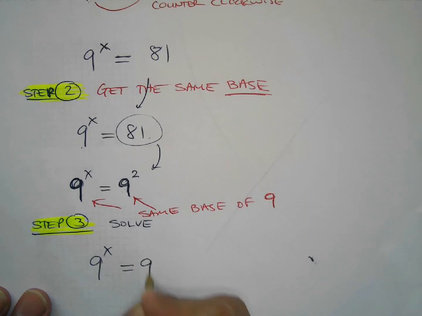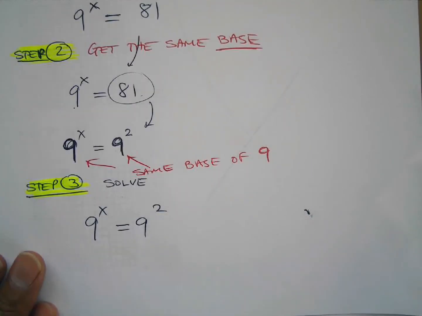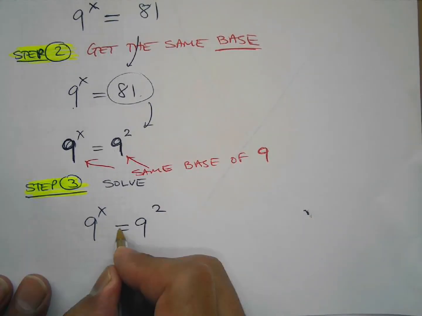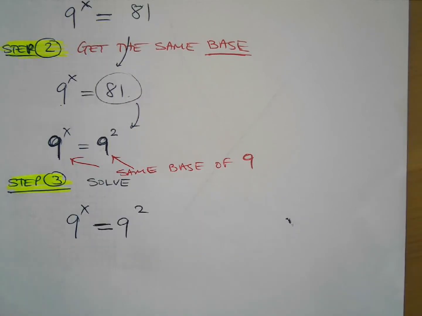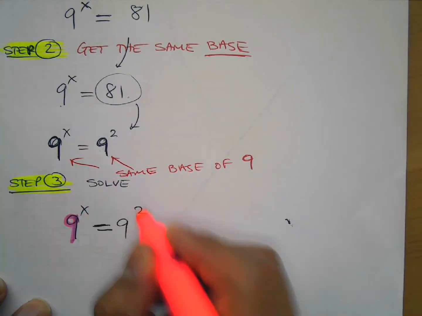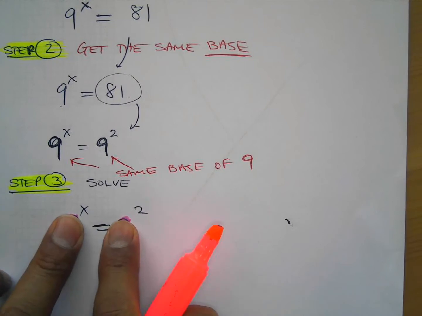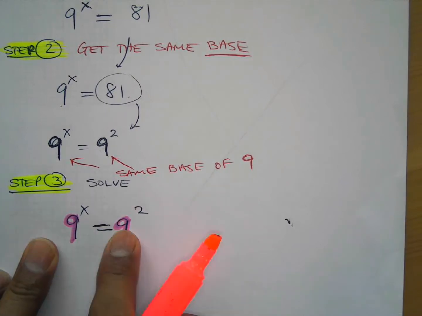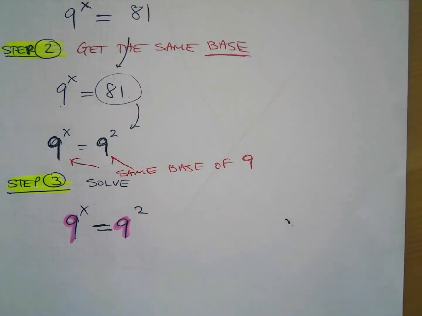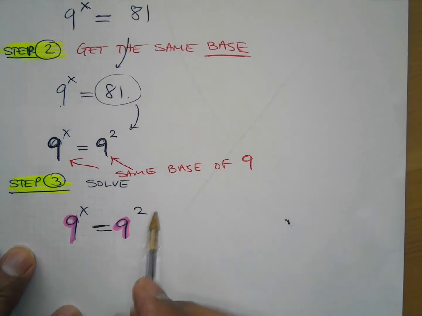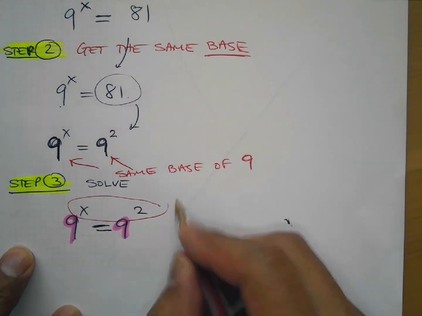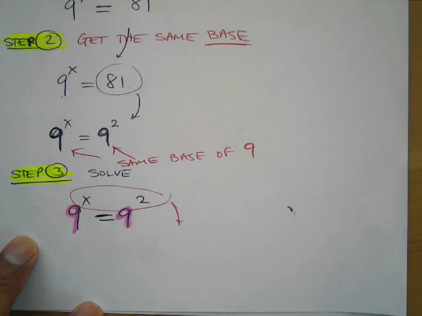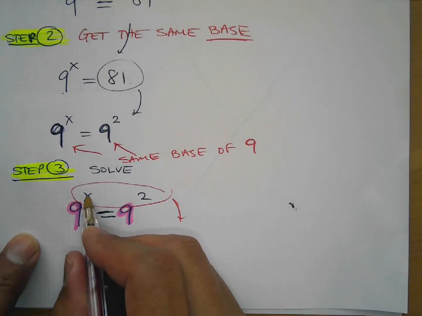Well, how do you solve this? Once you got this base to be equal to this base, and it doesn't matter what number it is, once this is equal to this, then we can set the exponents or the powers equal to each other. And here there's really nothing to solve, but it just tells you what the answer is.